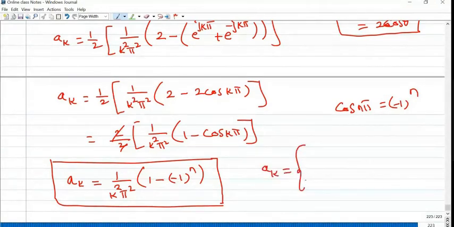So ak equal to 0 for n odd. For n even, 1 minus of minus 1 power n gives 2, correct?